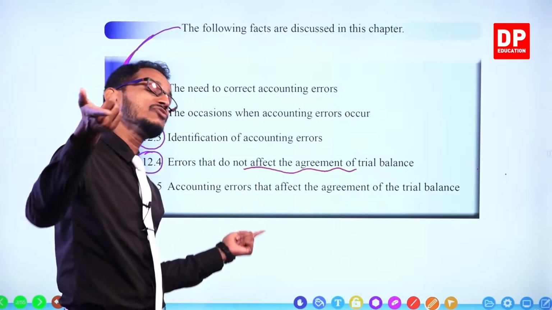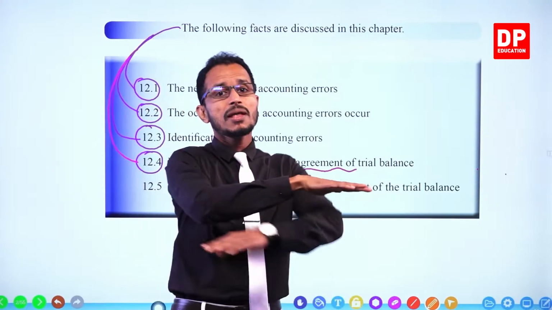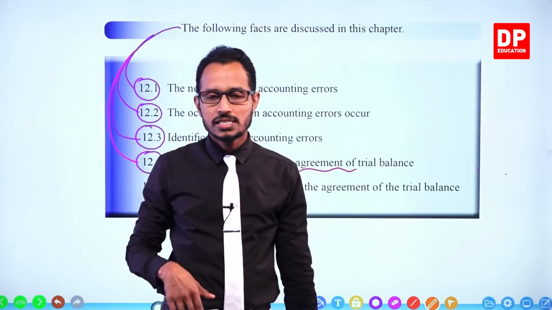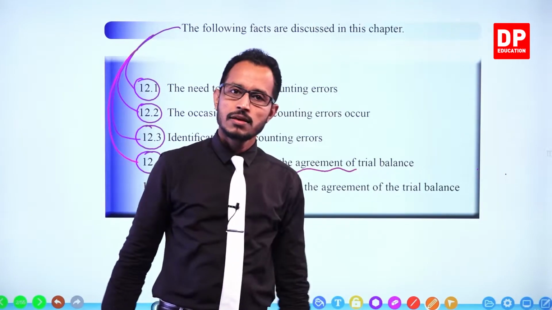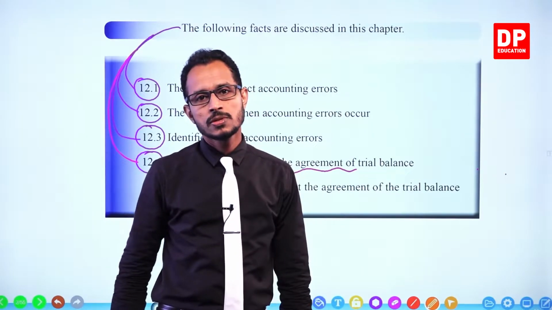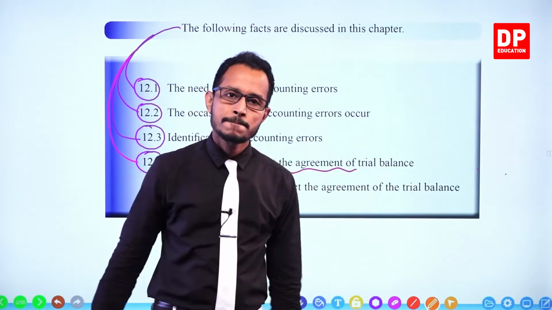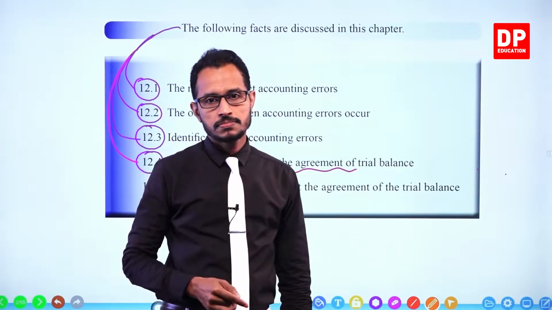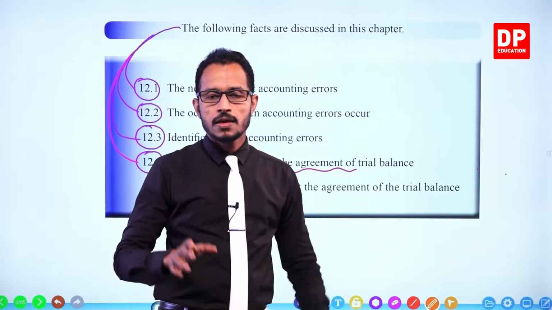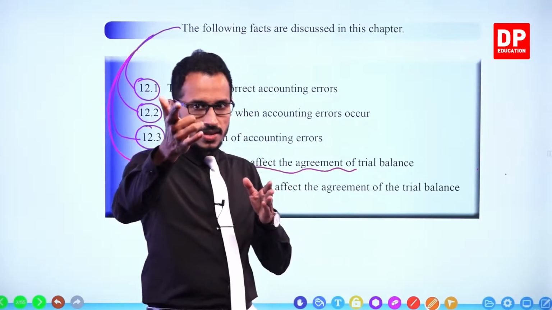The trial balance does not balance because these errors are there in our accounting records. Children, students, get this into your heads.